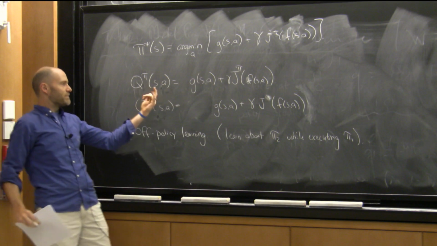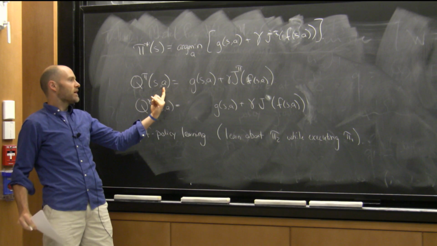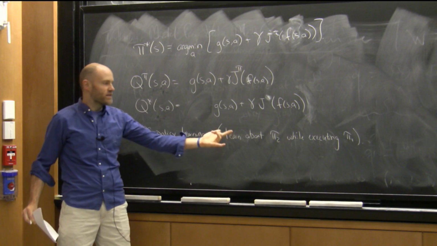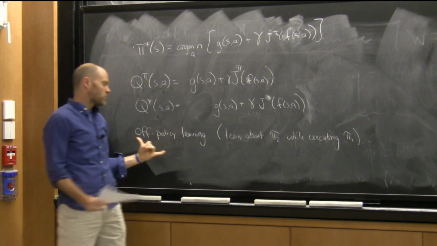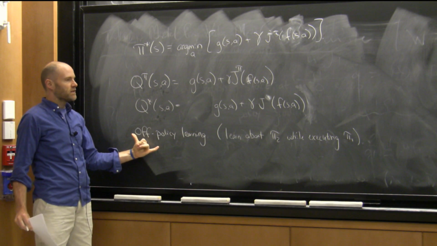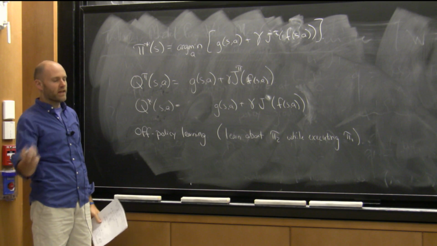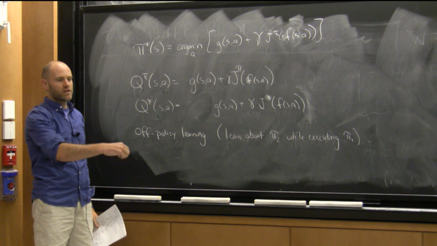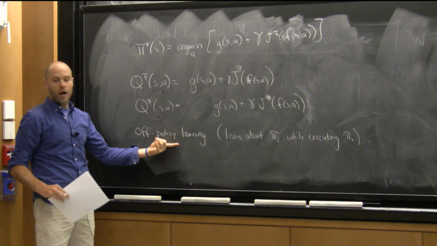Because I'm building up a table of what would have happened if I had taken some action, and it somehow separates out the learning from exactly what the policy is. So there's this cool idea of learning off policy, which is really good, for instance, if you want to learn about the optimal policy while taking actions based on something that's doing more exploration. This becomes a very powerful idea.